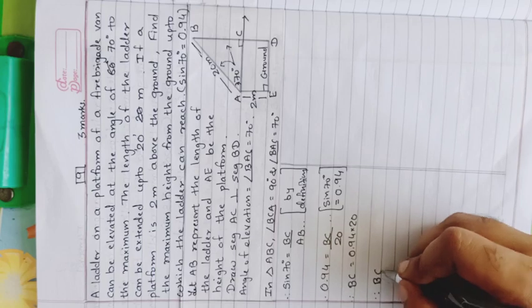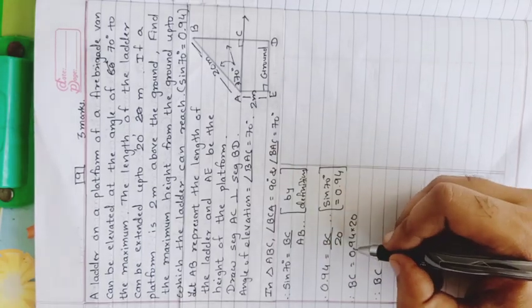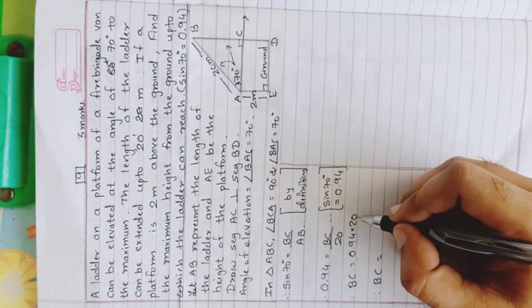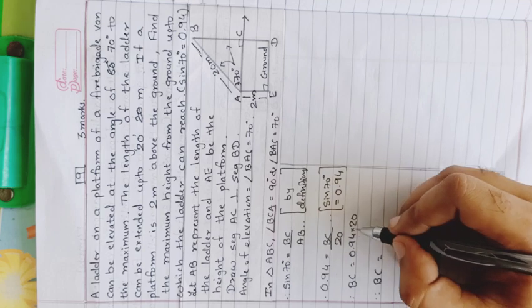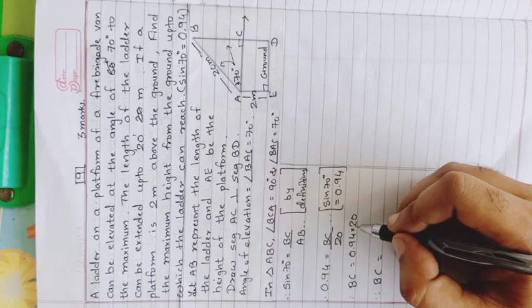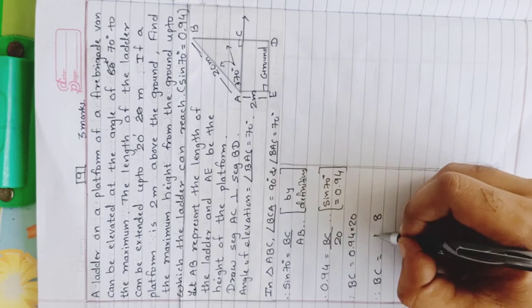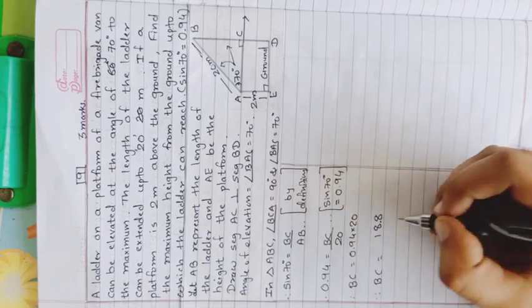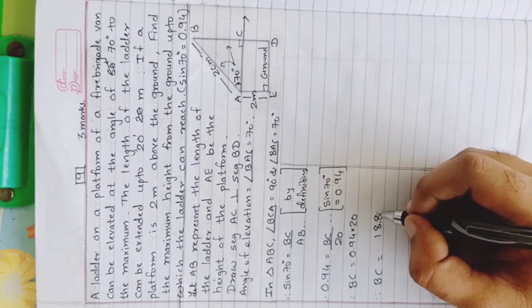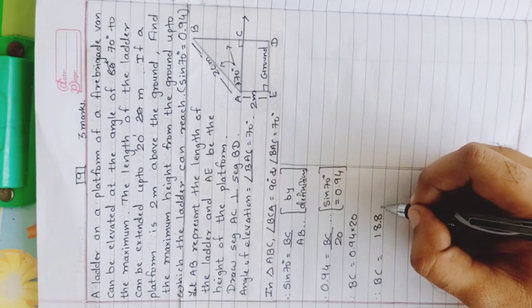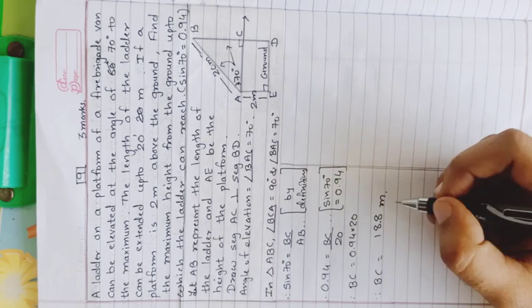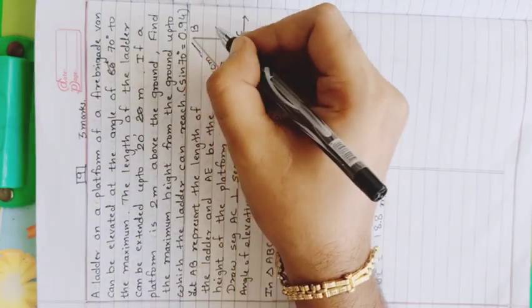Now BC equals, as we have 20, the decimal point will change, but we have to multiply with 2. So 2 4s are 8, 2 9s are 18, and after one number the decimal point will come. So 18.8, the unit is meter. So BC we got 18.8 meter.